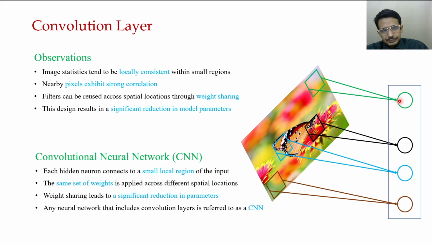Because nearby pixels exhibit strong correlations, the interpixel correlation is very high in a local neighborhood. And another thing, the weight parameters are shared across these neurons, to reduce the number of parameters and for better generalization.